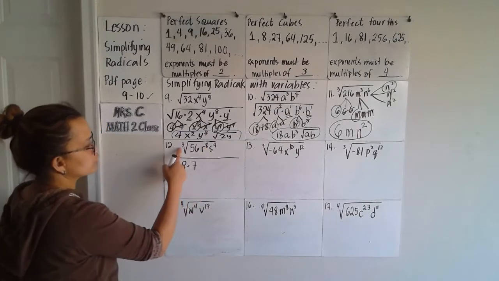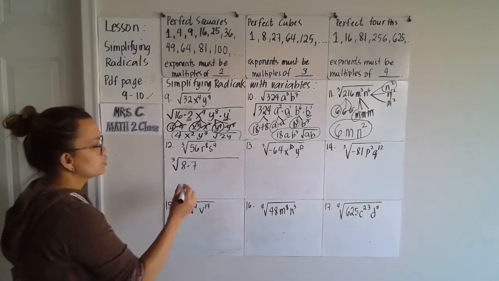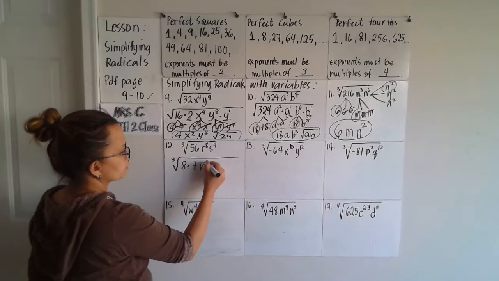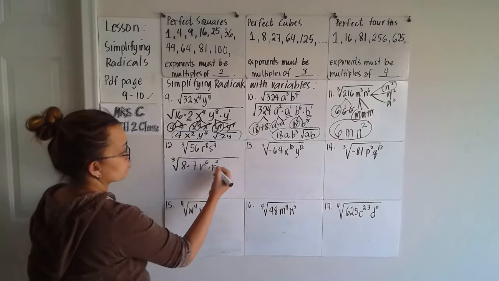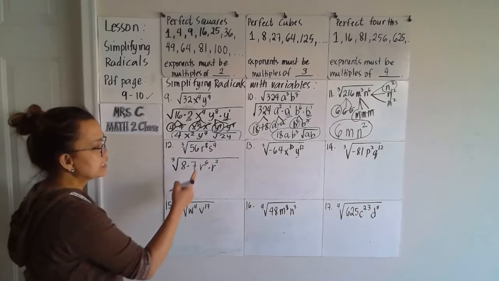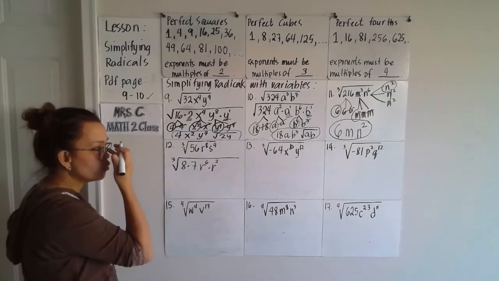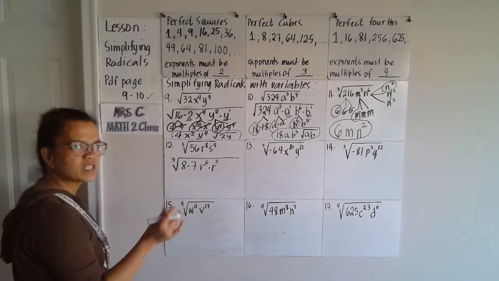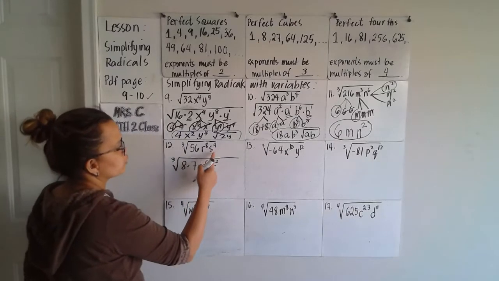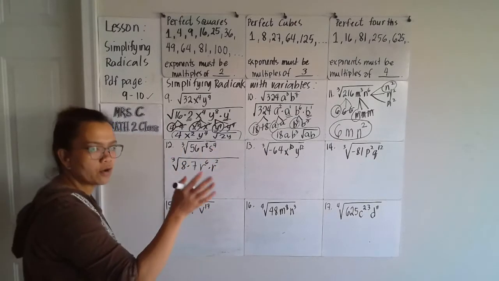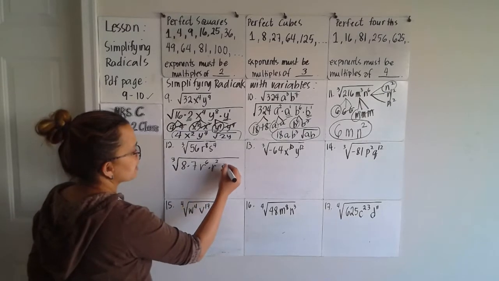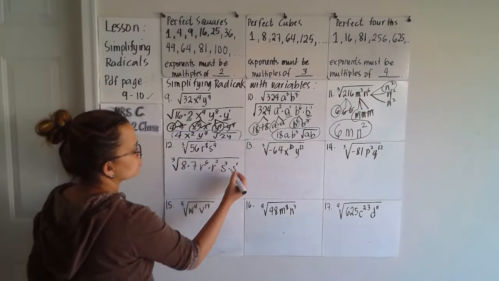Is 8 a multiple of 3? No. So we're going to split r by r to the 6 and r squared. Got it? Since 6 is a multiple of 3 and 2 is not, that will be your prime exponent. And then s to the 4th, is 4 a multiple of 3? No. So we're going to split s by s cubed and s1.